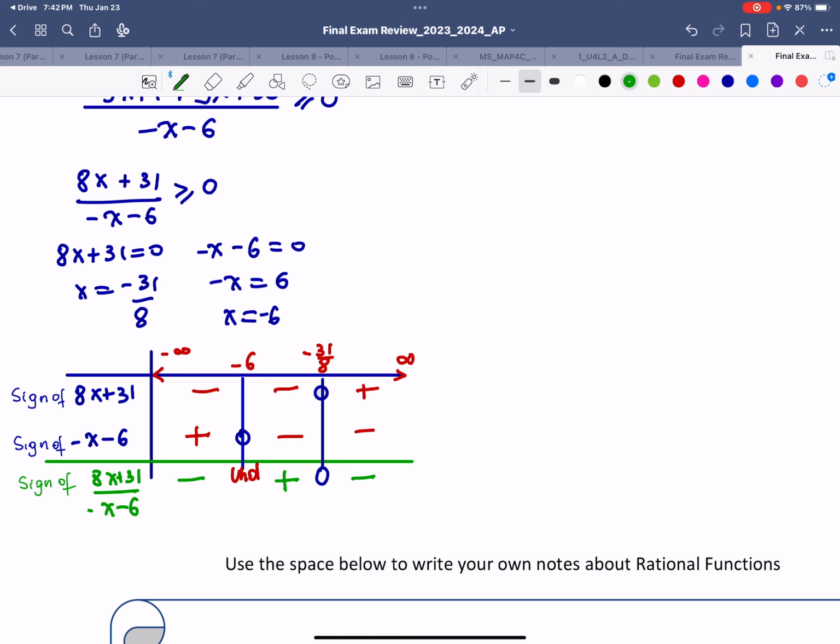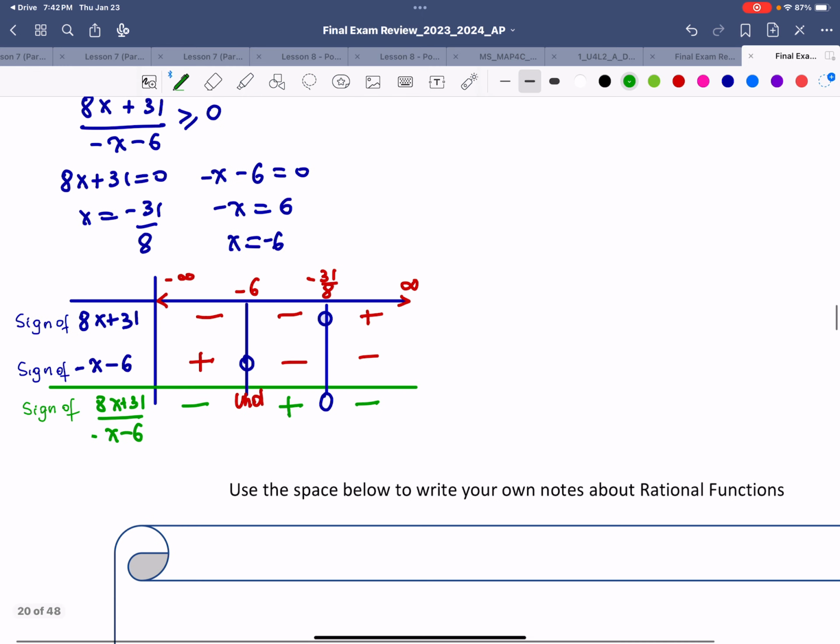Now, what we were looking for is the values greater than or equal to 0, and it seems that greater than or equal to 0 will happen between -6 and -31/8. So our solution for this inequality will happen right at these particular x values. So we're going to say that the x values have to be between -6 and -31/8, because that's when the entire expression will be positive.